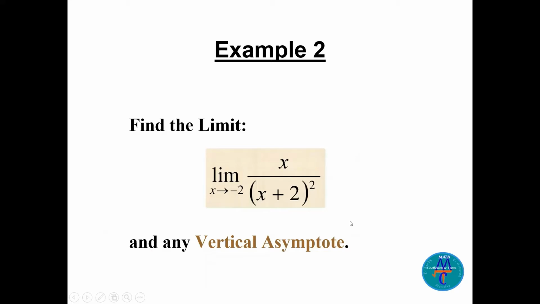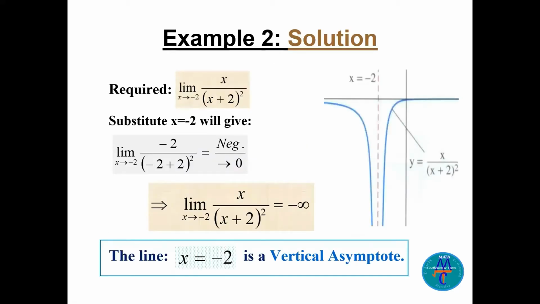Let's see another one. Find the limit of x divided by (x plus 2) all squared, a little different, and find any vertical asymptote. If we try to substitute x equals minus 2, all the numerator is negative now. In example 1, it was plus 1 there, and here we put minus 2.